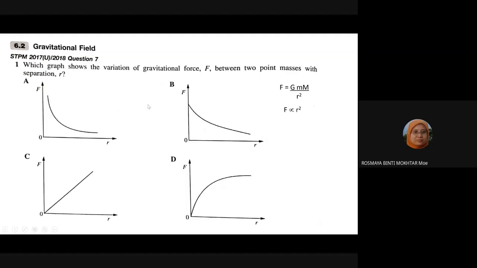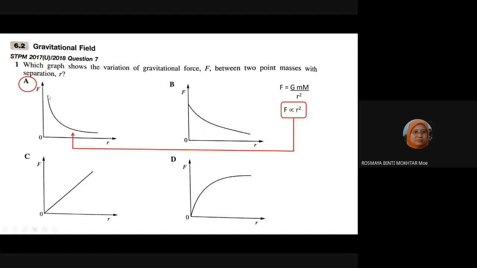The two, A and B, are decreasing curves. So be careful. The curve for F inversely proportional to R squared is not at here. Here, it is supposed to not touch the y-intercept. So therefore the answer must be A.